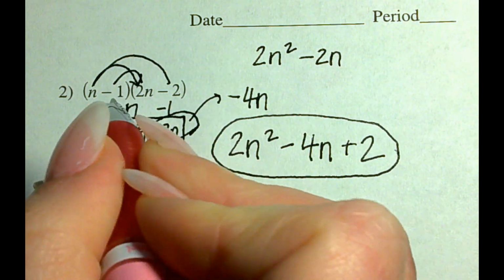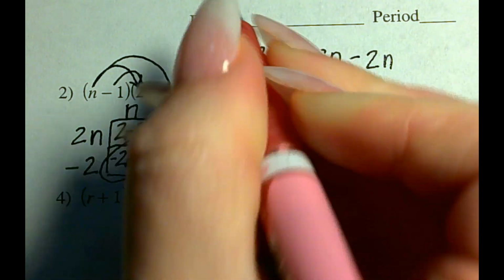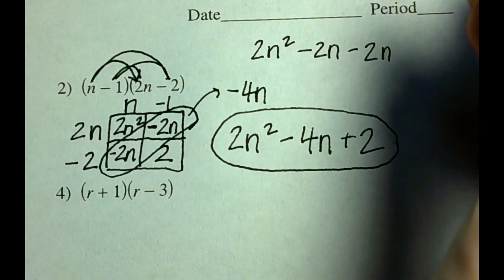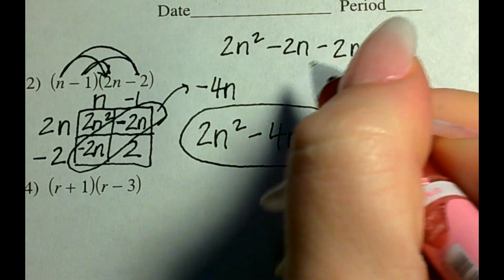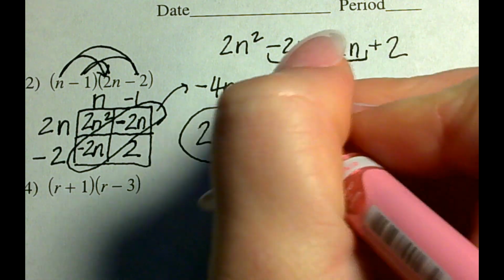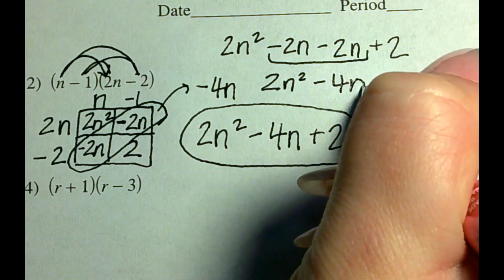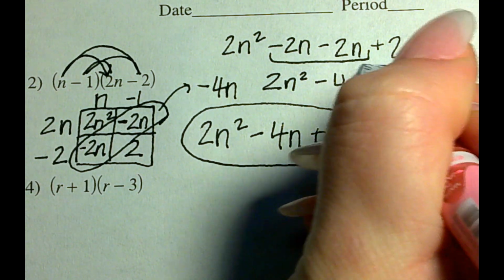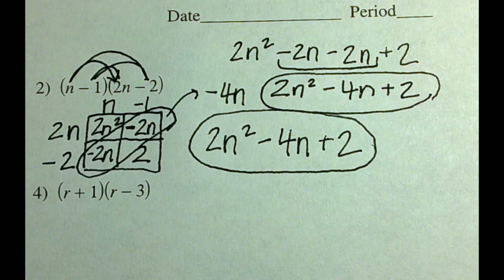Inner: -1 times 2n is minus 2n. Last: -1 times -2 is plus 2. Then we would see that we have like terms and we would get the same answer, 2n squared minus 4n plus 2. So both ways work. It's really up to you, whichever you like better.